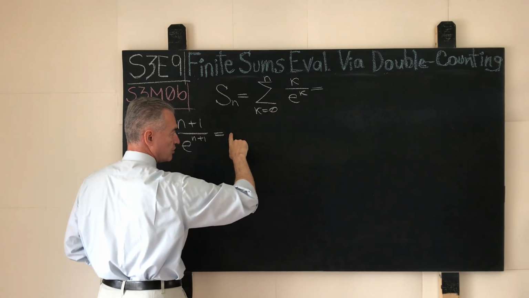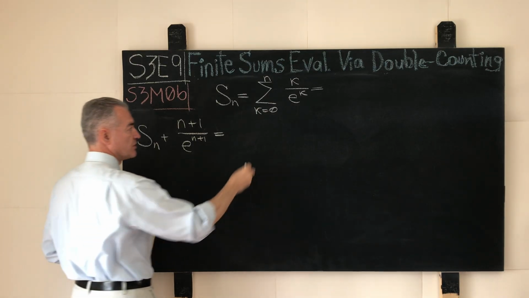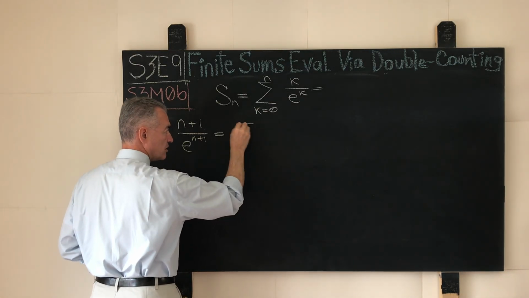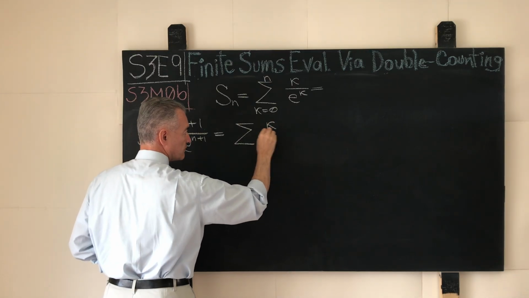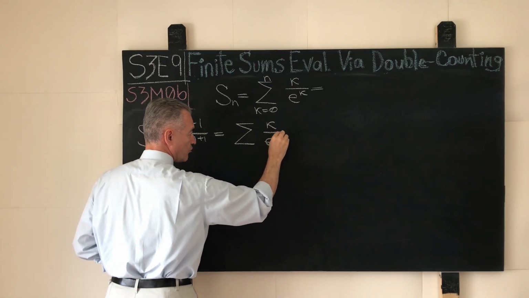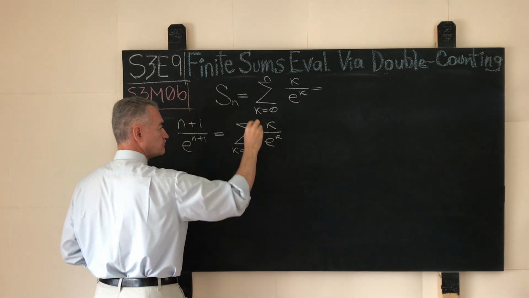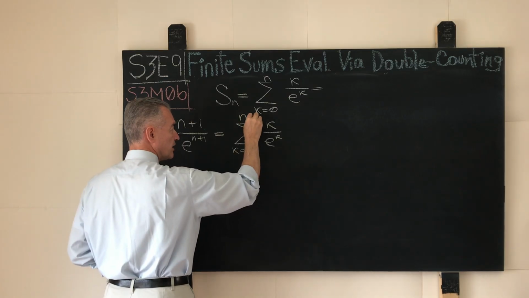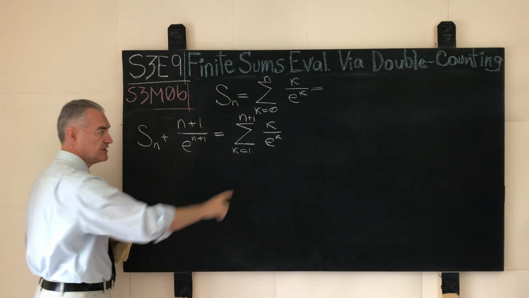It is 0, so we write 0 plus the rest of the terms, which are the sum of our common term k over e to the power of k, where k varies from 1 to n plus 1. And now we reindex that sum.